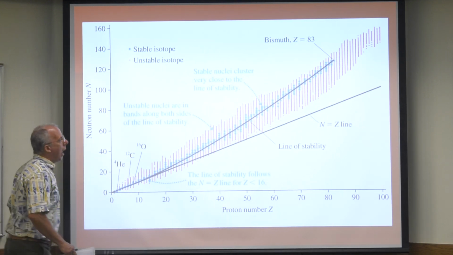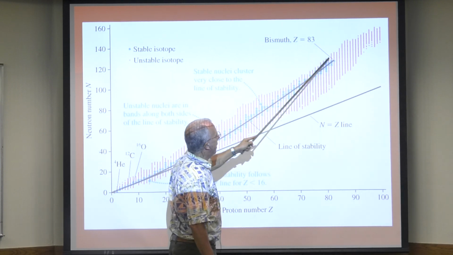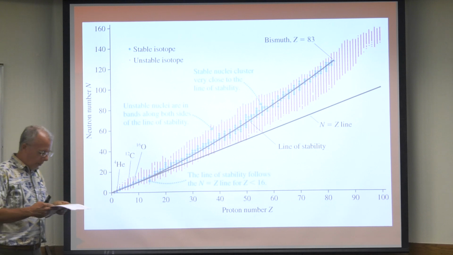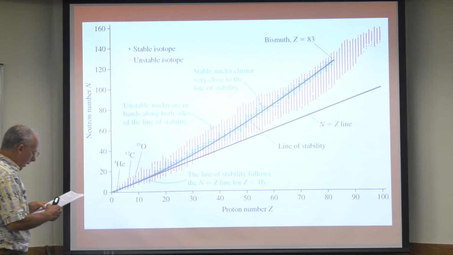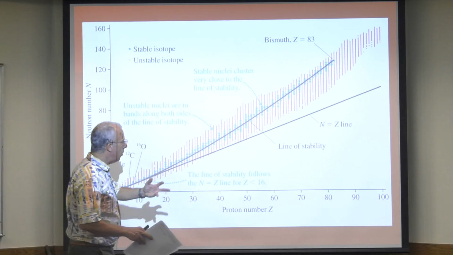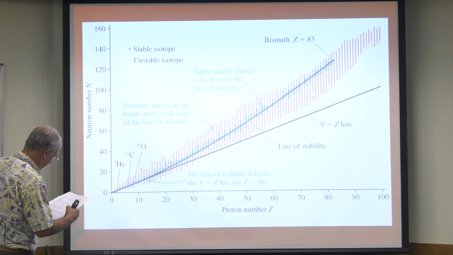Also, why are there no stable nuclei after Z equals 83? We have to explain that too. Later on we'll talk about a model of the nucleus, and if the model is any good, we have to be able to use it to explain the data. So we'll do that.